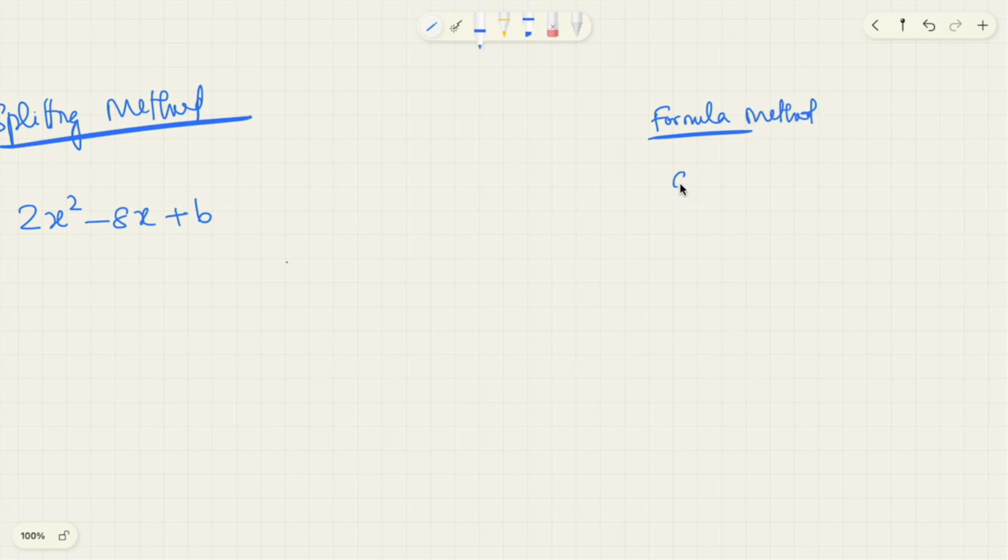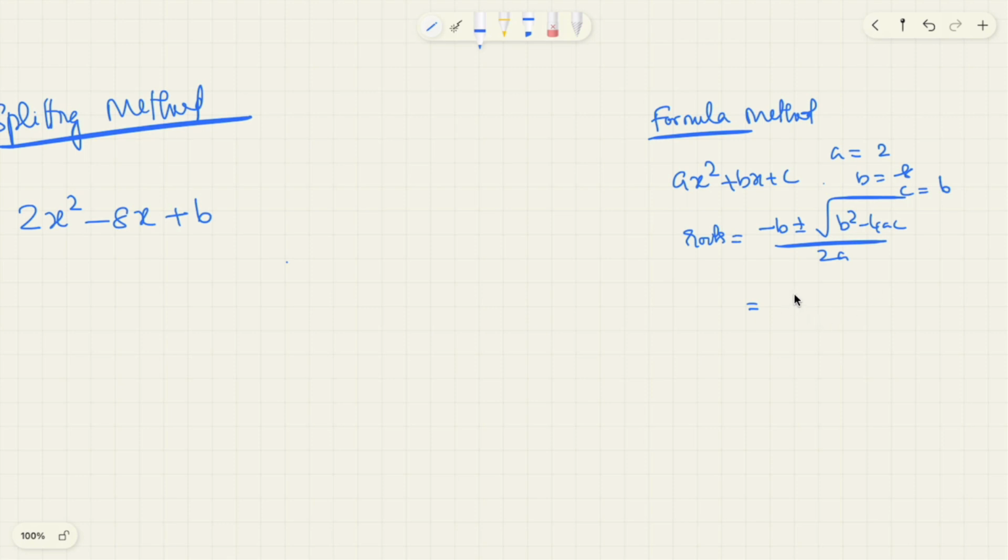We know that given any polynomial ax square plus bx plus c, the roots are given by x equal to minus b plus or minus square root of b square minus 4ac, divided by 2a. If you plug them into this formula, the a value is 2, b value is minus 8, c value is 6, correct?